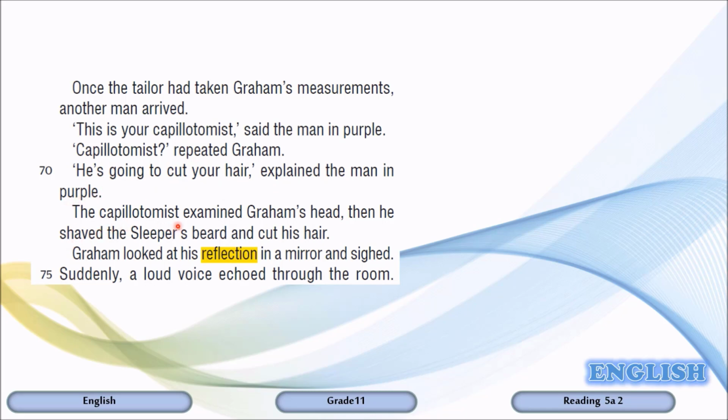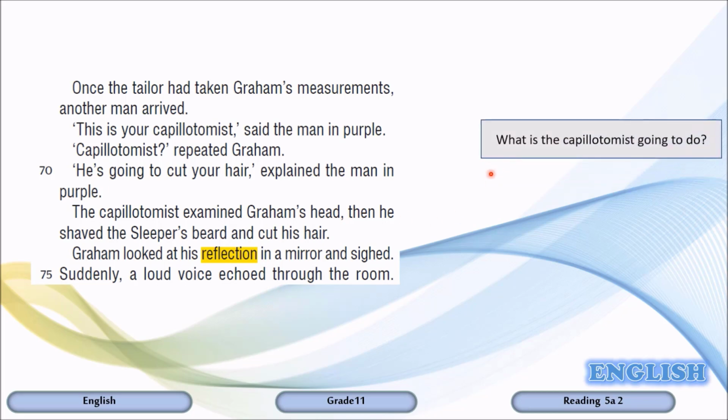The capillotomist examined Graham's head. Then he shaved the sleeper's beard and cut his hair. Who's the sleeper? Graham, thank you. Graham looked at his reflection in the mirror and sighed. Do you know what we mean by sighed? He was surprised. Suddenly, a loud voice echoed through the room.